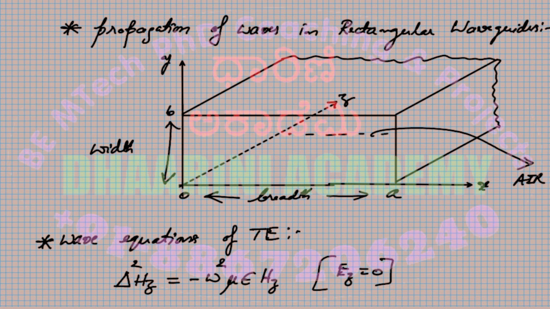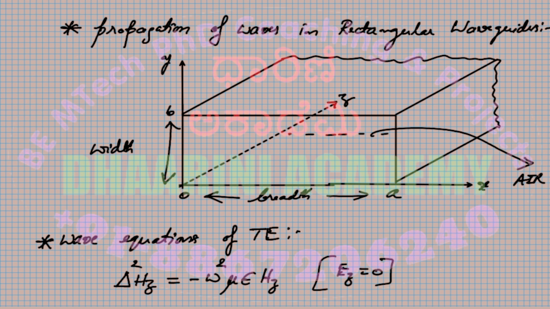Along this horizontal plane, which is on the xz plane, are you able to understand that whatever plane we are considering now is an xz plane, because x-axis and z-axis, Ez is equal to 0.